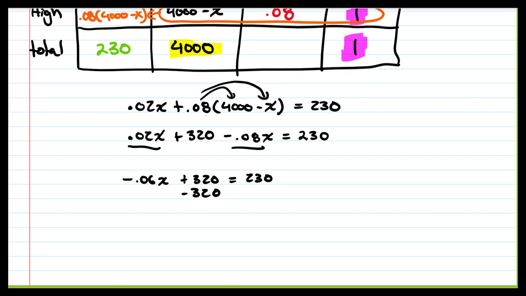We subtract 320 from both sides, giving us negative 0.06x is equal to negative 90.